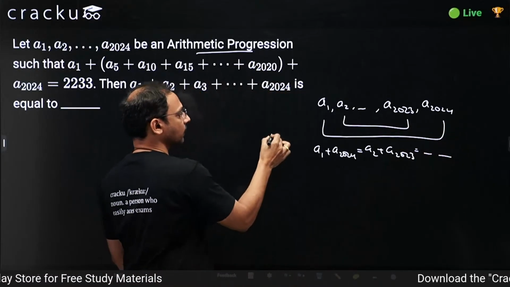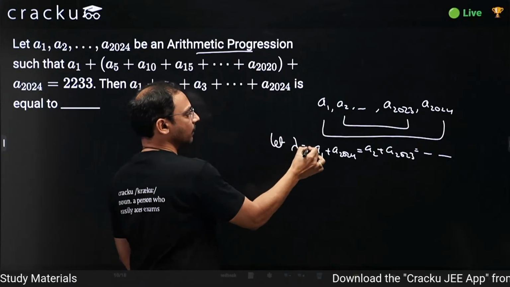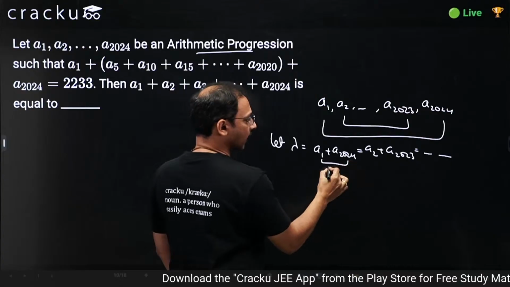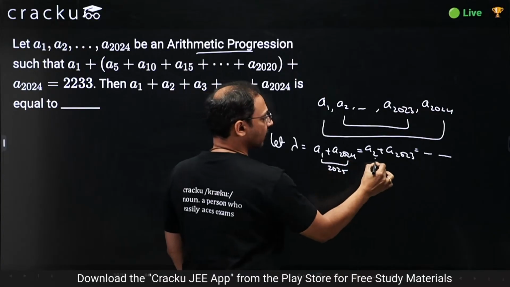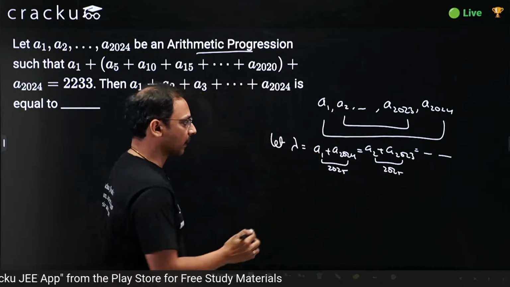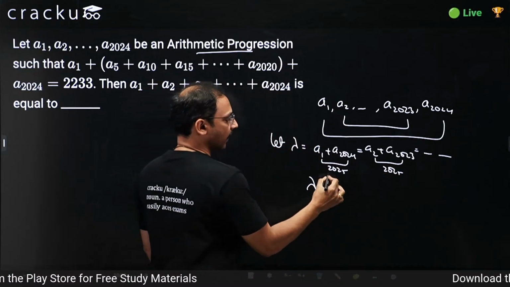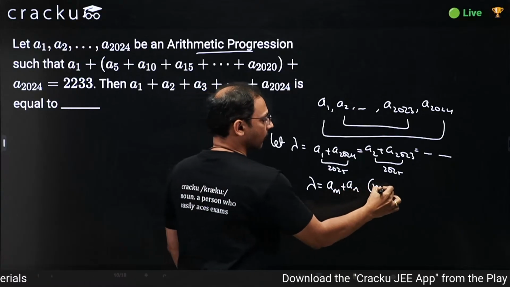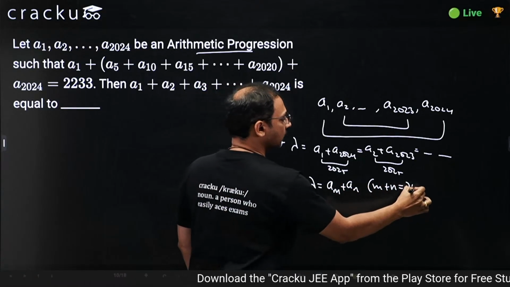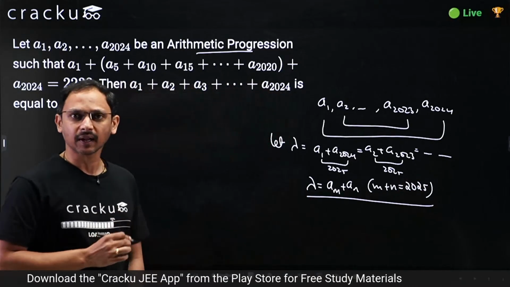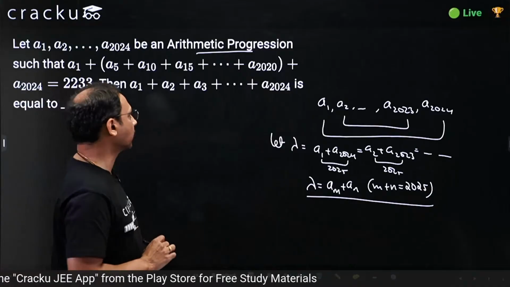So I'll assume that this sum is some lambda. As long as the sum of indices is 2025, the sum of the two terms will always be lambda. So I can also write this as lambda is equal to Am plus An whenever m plus n is 2025. This symmetric property we'll try to use in this problem.